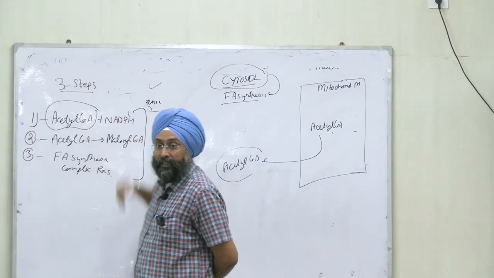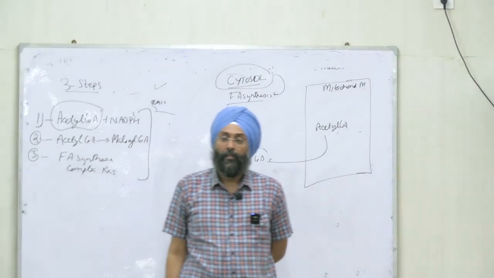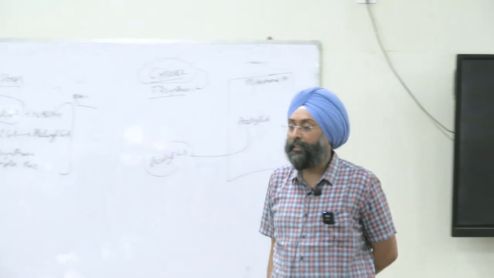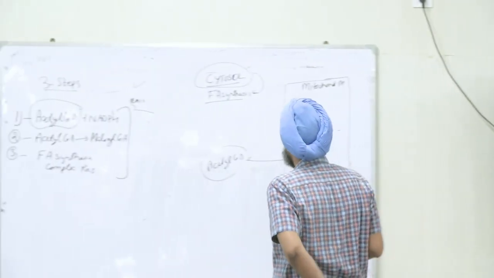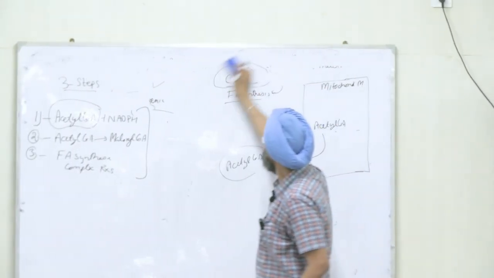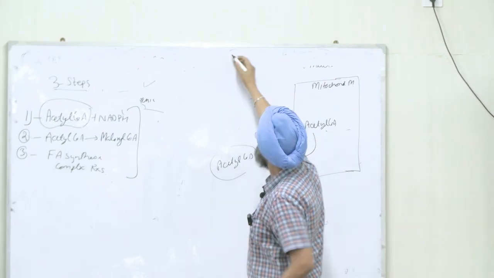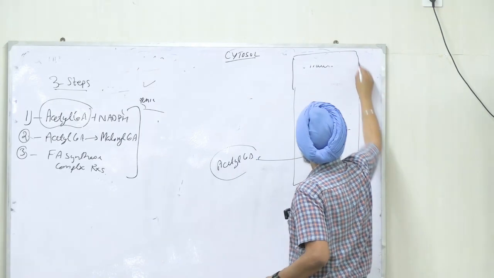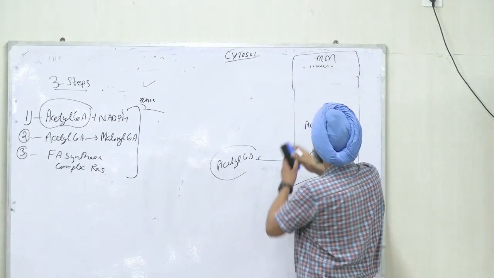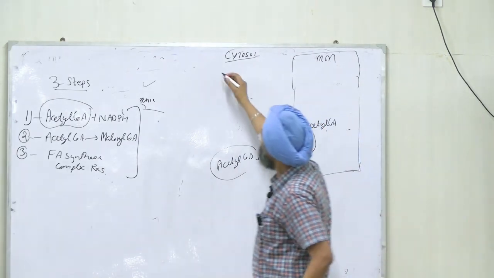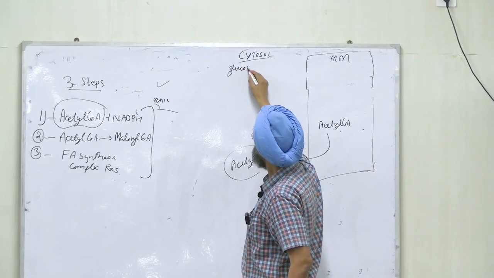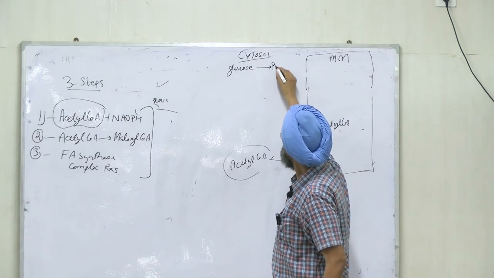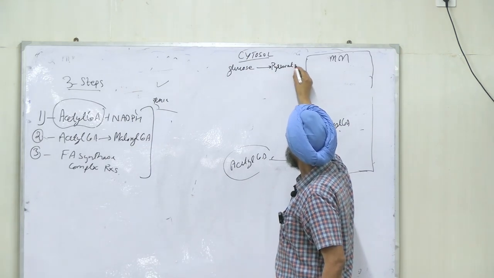We discussed three sources of acetyl-CoA. One was from glucose to form pyruvate, pyruvate to pyruvate dehydrogenase complex, and then will form acetyl-CoA, right? So normally we have, this is cytosol and this is matrix. Glucose is there. Glucose is converted to pyruvate.